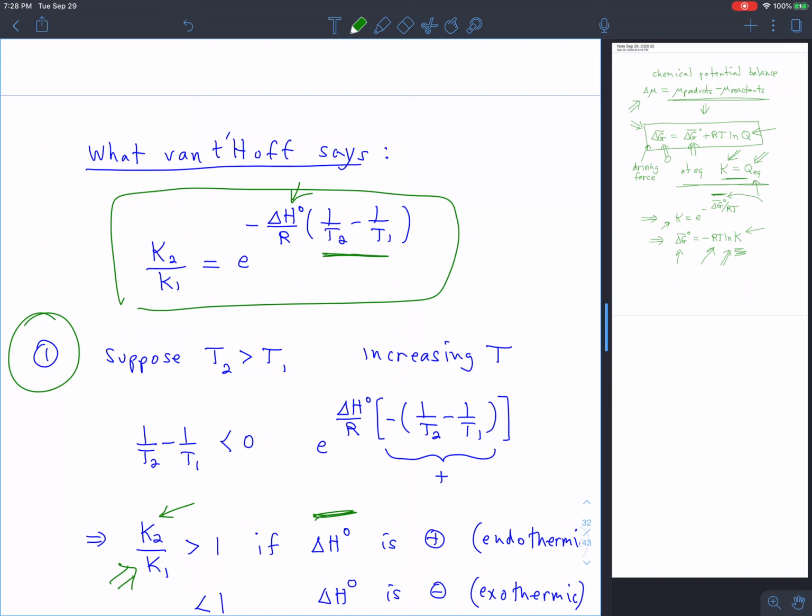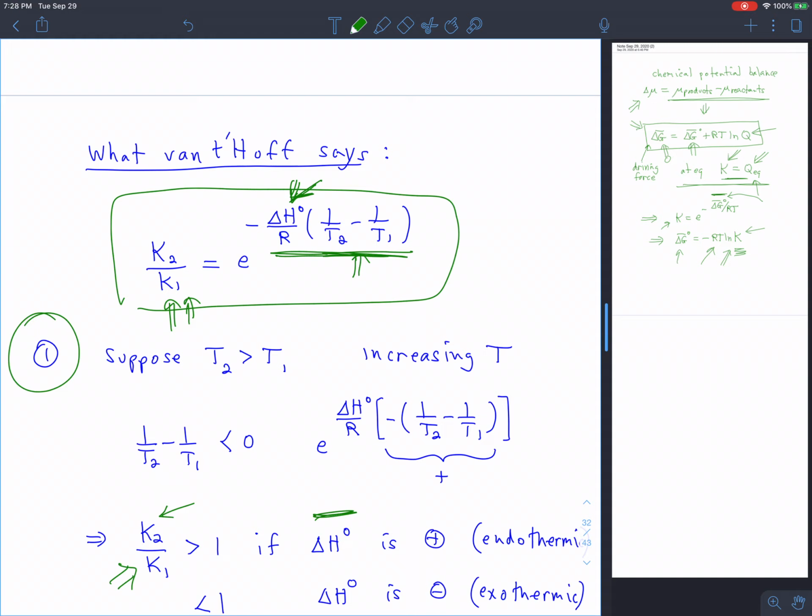Changes in temperature multiplied by a small quantity don't make very much change, and that means the equilibrium constant is insensitive to temperature. On the other hand, if the delta H is a really big delta H, now changes in temperature will make a big difference in what's up in the exponent here, and that means that the equilibrium constant is sensitive to temperature.